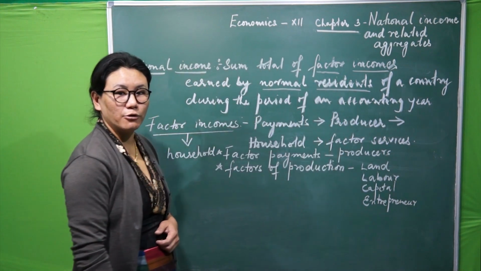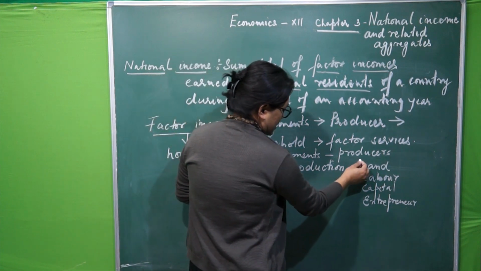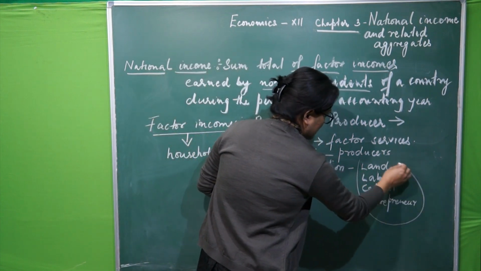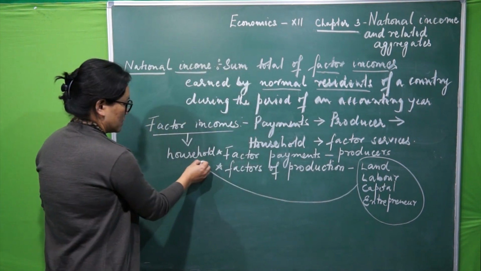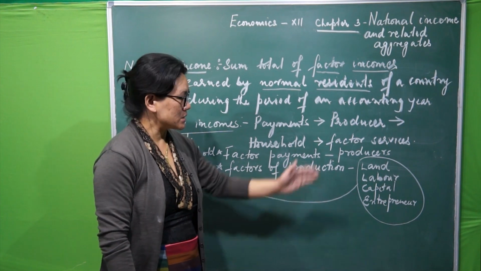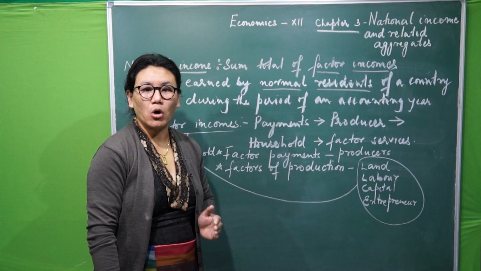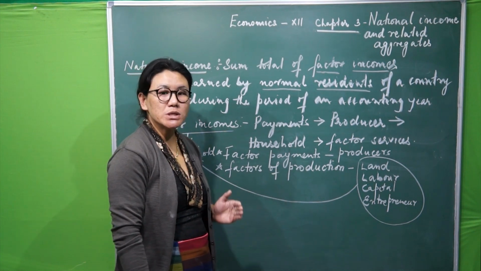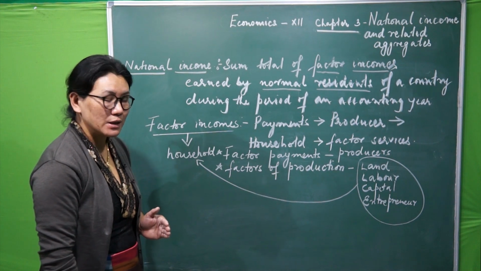These are the 4 factors of production. And these are owned by households. We say household has all these 4 factors of production. They are called the owners of the factors of production.